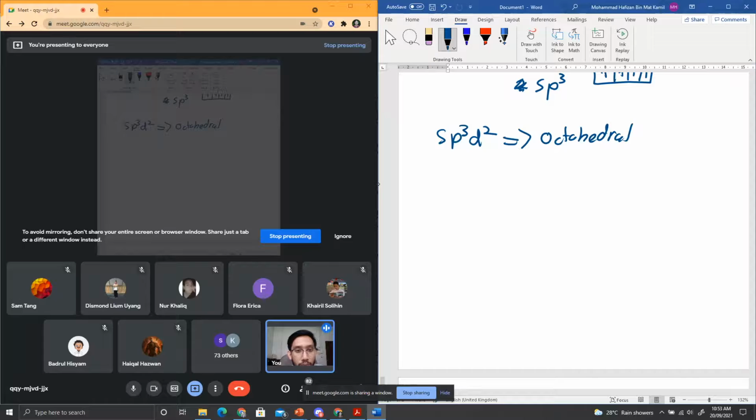Okay, so we have one example of this: phosphorus chloride. Let's take phosphorus chloride 5. It is sp3d. Macam mana dia dah ambil in d orbitals. So phosphorus, dia ada berapa punya electrons? Dia ada 15 electrons.